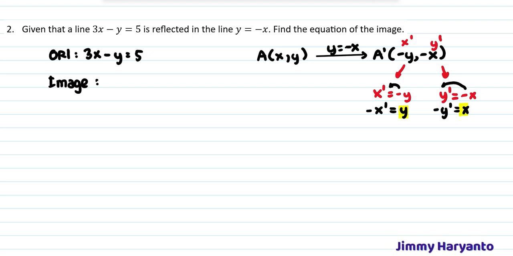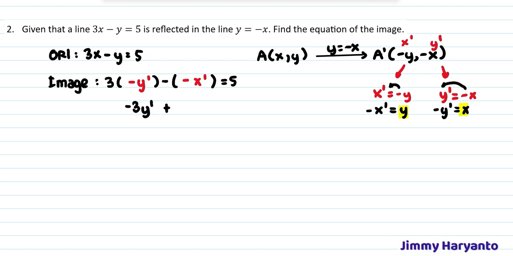Therefore the image will be 3 times the x, which is negative y prime, and then minus the y, which is negative x prime, and then equals to 5. When you simplify it, you will have negative 3y prime plus x prime equals to 5. After this you can remove the prime. There you go. This is our image.